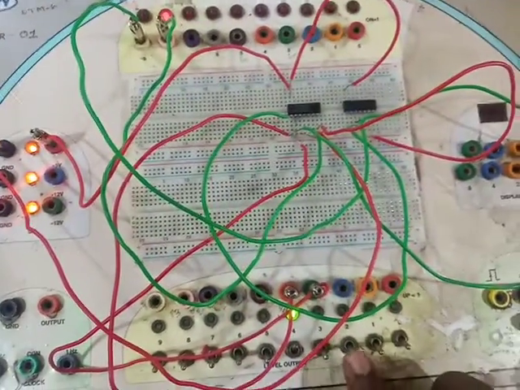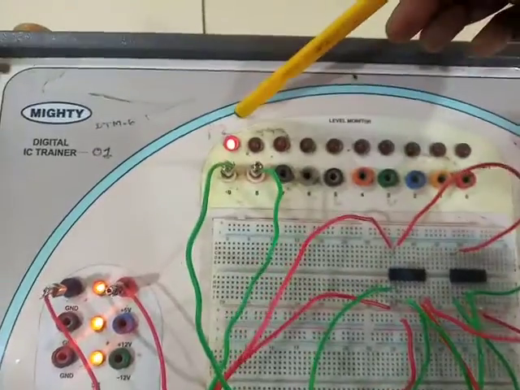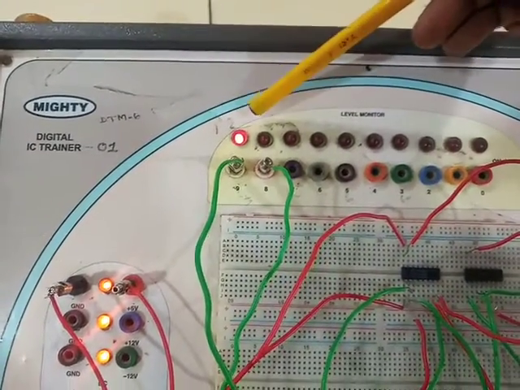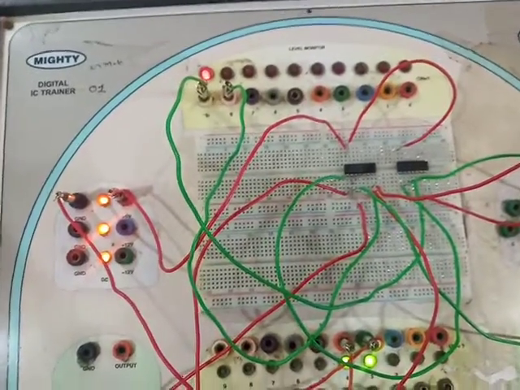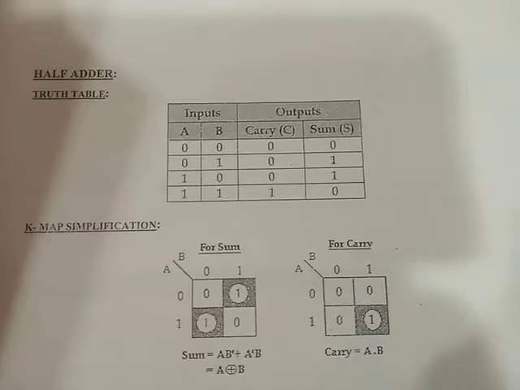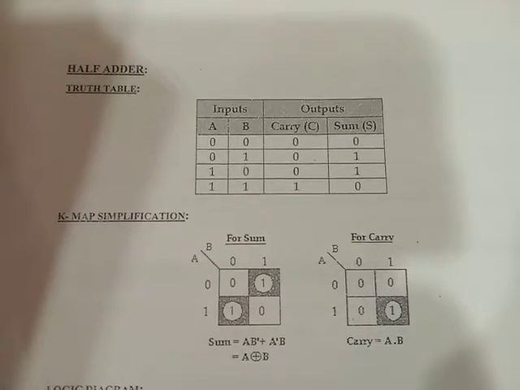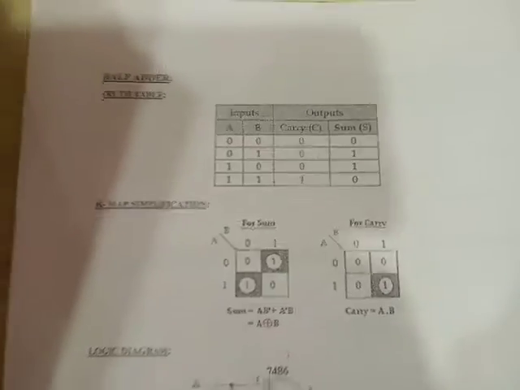The fourth combination is 1 and 1: my output will be carry 1 and sum 0. So likewise, we verified the half adder circuit using logic gates. So this is the half adder circuit.